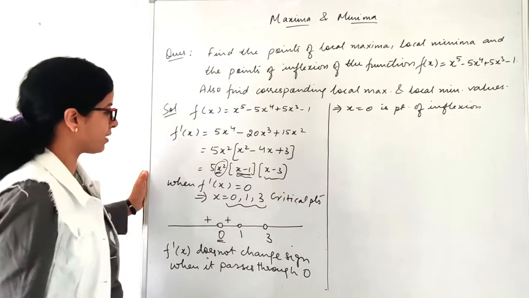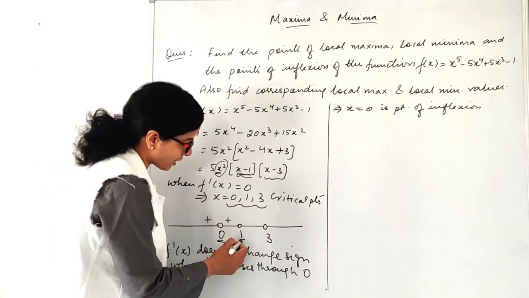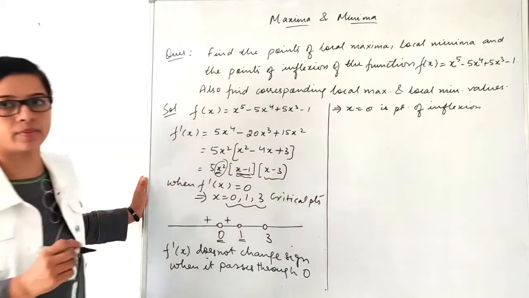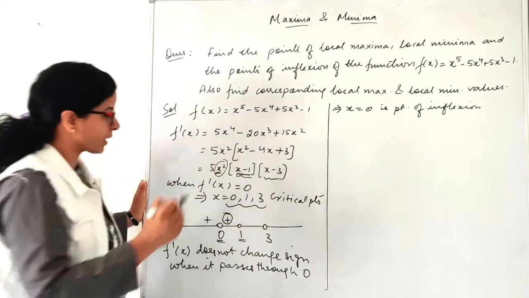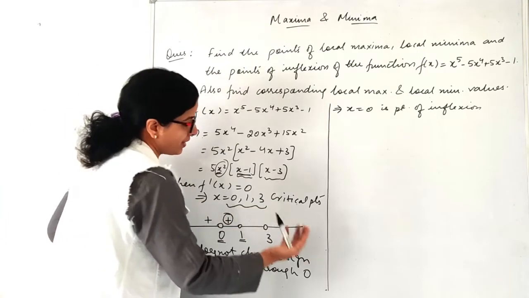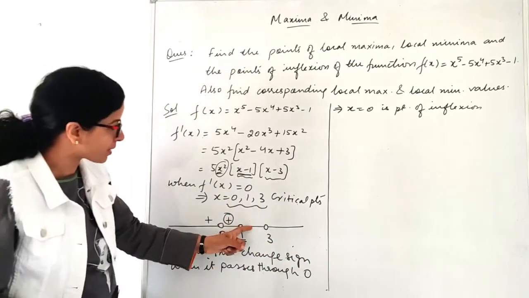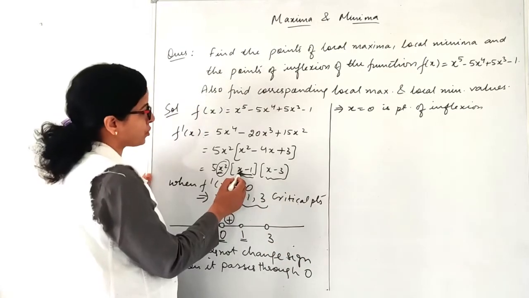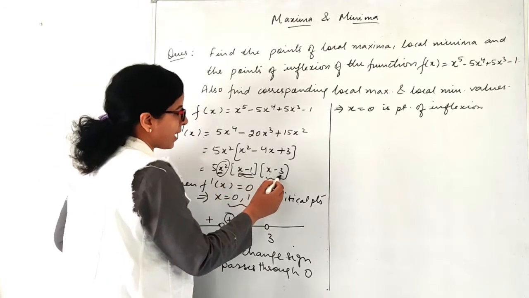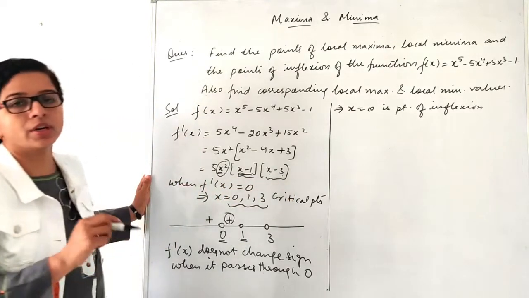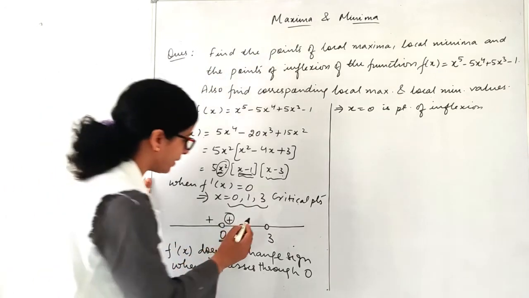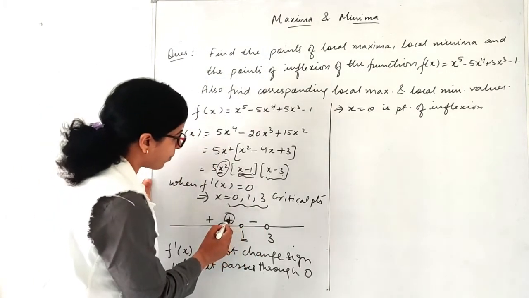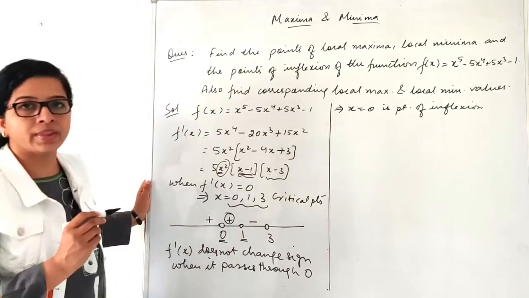Now let us check what happens to f dash x when it passes through 1. So when it passes through 1, already we have the positive sign over here. Now let us check towards the right hand side of 1. So let us substitute 2. When we substitute 2, this is positive. 2 minus 3 is negative. So multiplication of a negative and a positive will be negative, right? So from positive it is moving to negative.